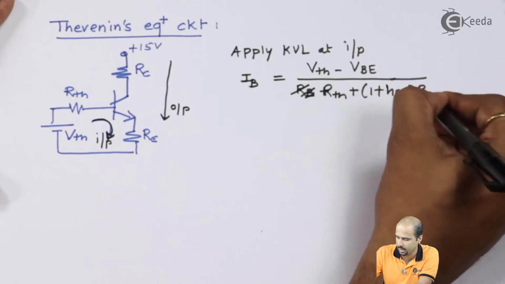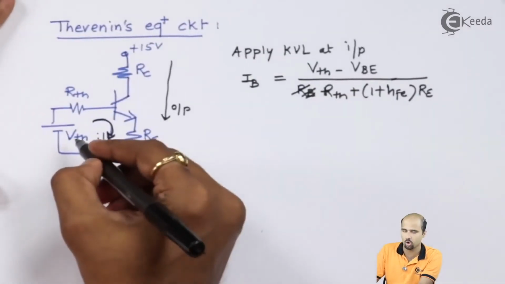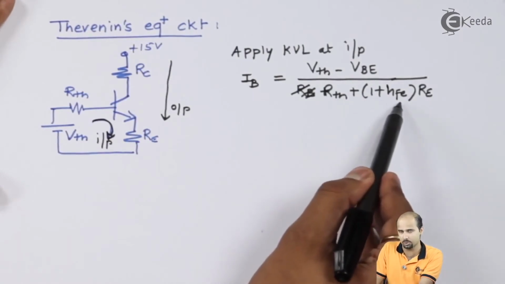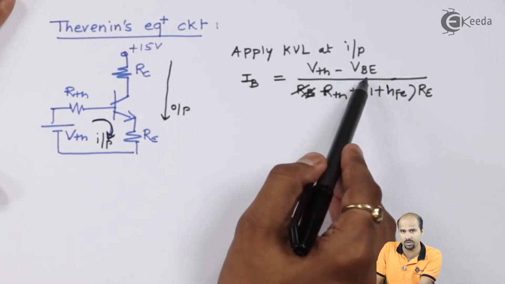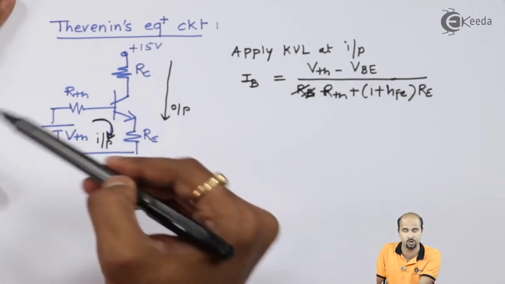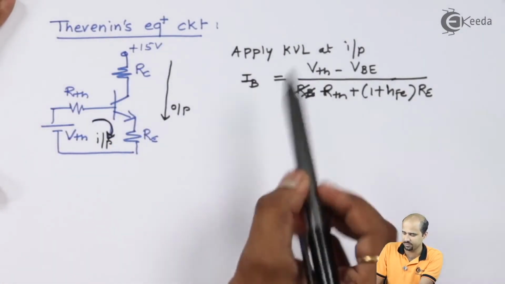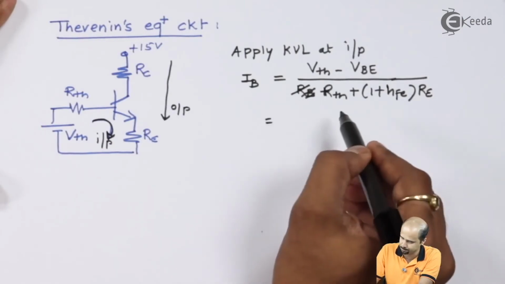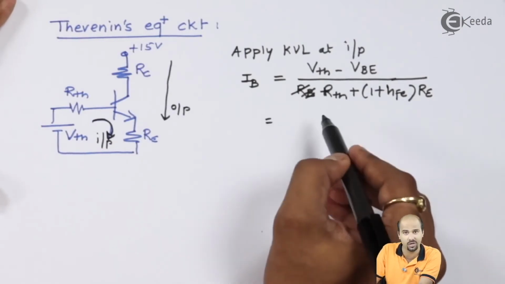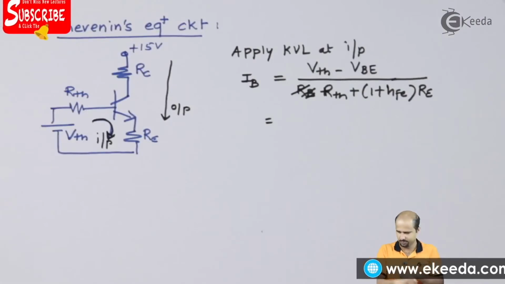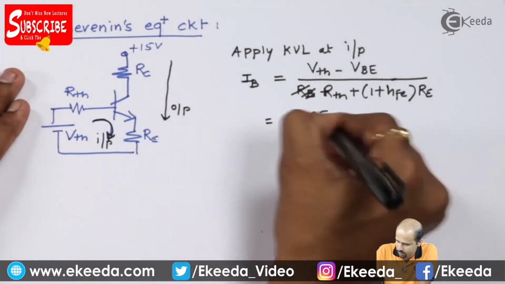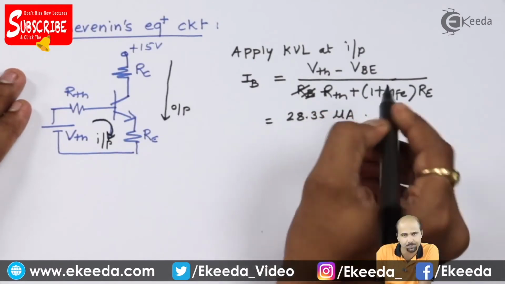So put the values of RE, RTH, HFE equal to 100, VBE equal to 0.6, not 0.7 because 0.6 is given, and VTH we have got as 2.727 something. You get the value of IB as 28.35 microampere, right?